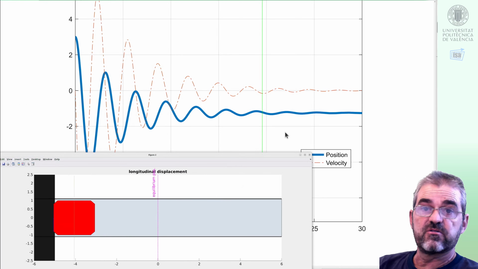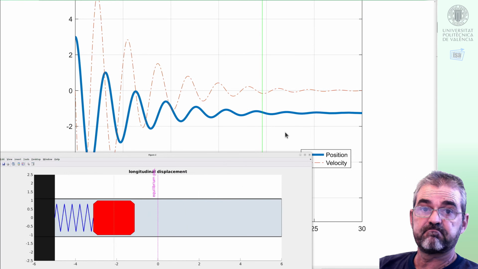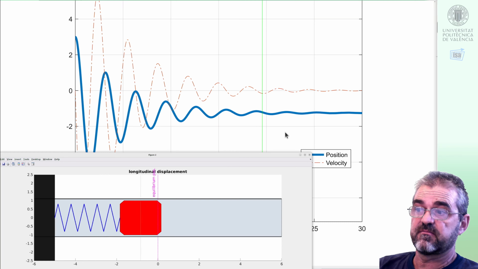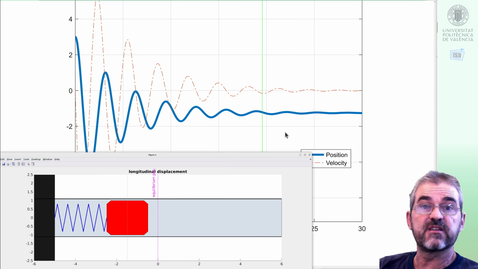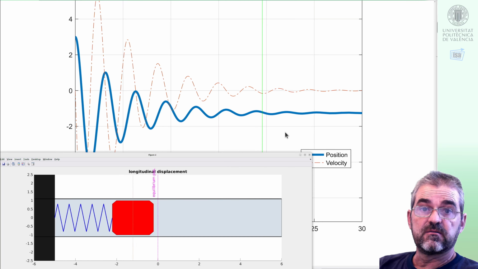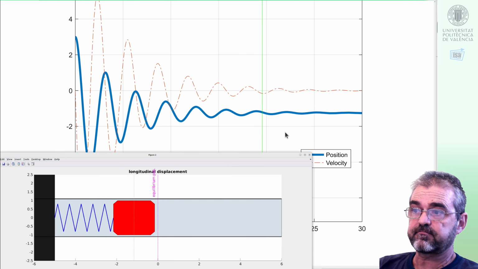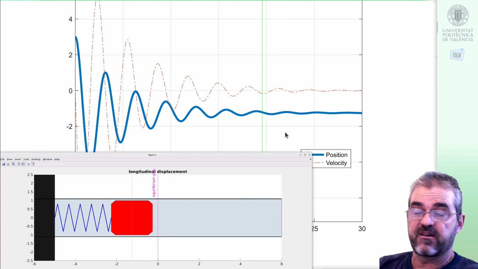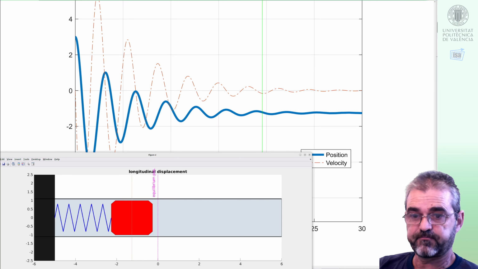So the animation of this force response is basically similar to the previous one, but moving to a different equilibrium. So this kind of response is not too different to the free response, just going to a new equilibrium.